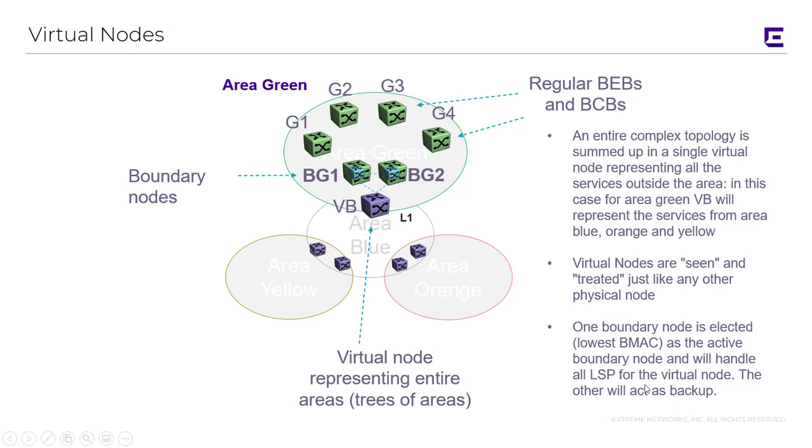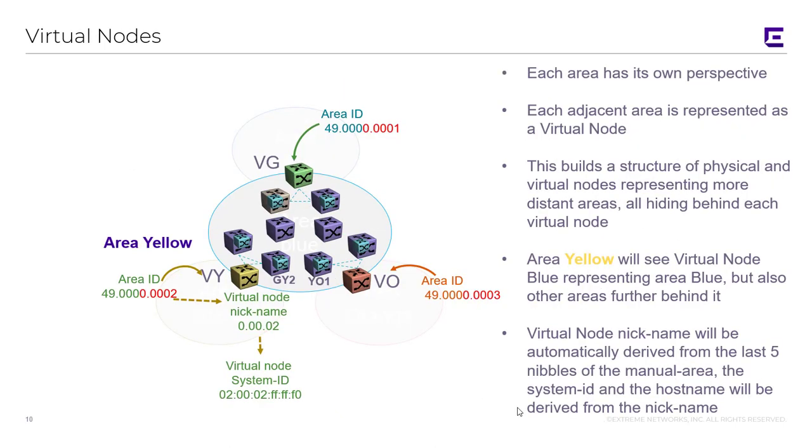Now, I want to emphasize this is only for the LSP. This is not for normal traffic between the areas. All NNIs on the physical nodes are functioning and moving traffic. This is just for the handling of the LSP for the virtual node. It's important to realize that just like a regular SPB area, each SPB node has its own perspective. It's the same thing with areas. So if you got that concept, then it's very easy to jump to this.